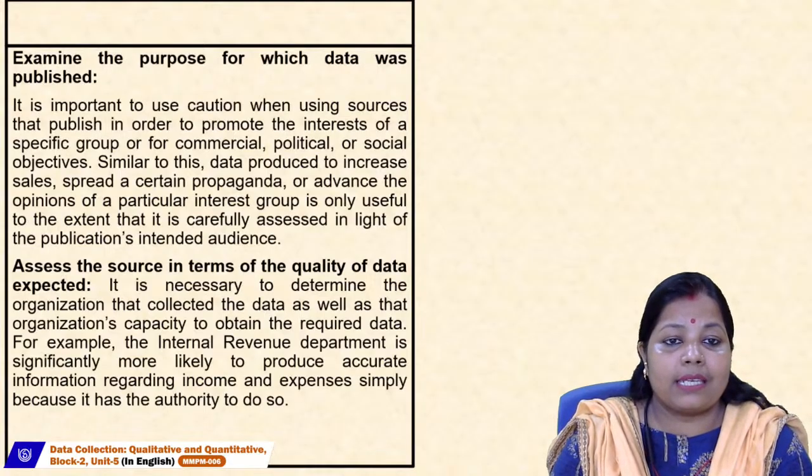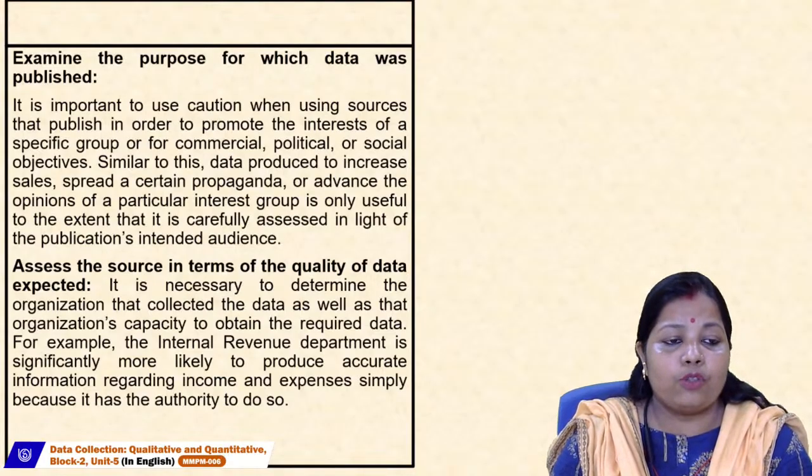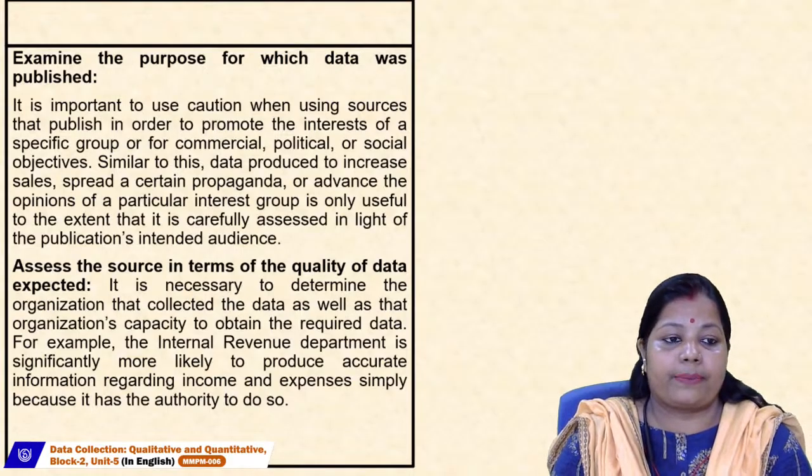Similarly, data produced to increase sales, spread a certain propaganda, or advance the opinions of a particular interest group is only useful to the extent that it is carefully assessed in light of the publication's intended audience.